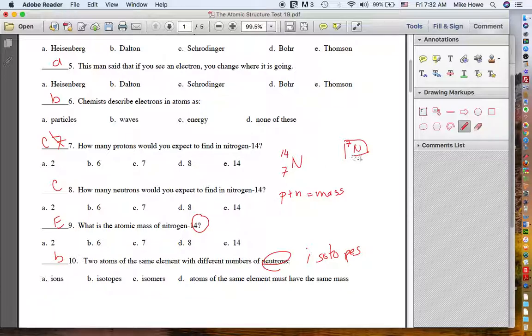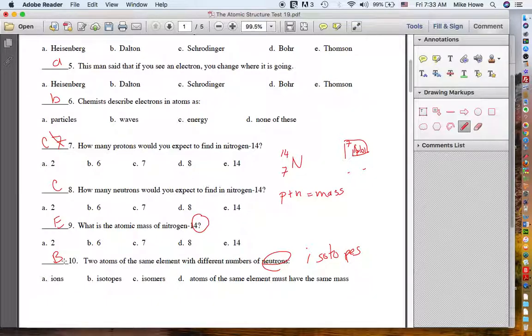The actual mass numbers that you see on your periodic table, like for nitrogen, it'll be 14 point something, I think it's 0.01. That means that there's more than just one kind of isotope for nitrogen, but most of the nitrogen is nitrogen 14 because the average is closest to 14. So 2 atoms of the same element, that would be B.